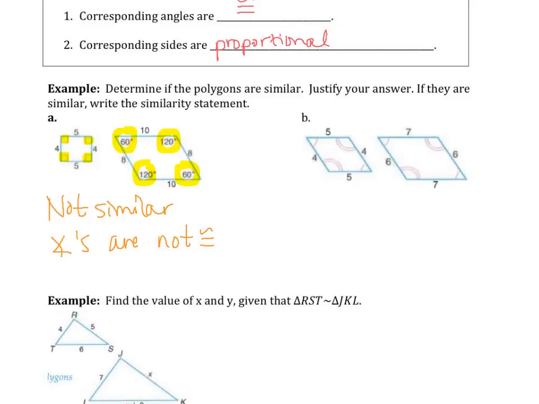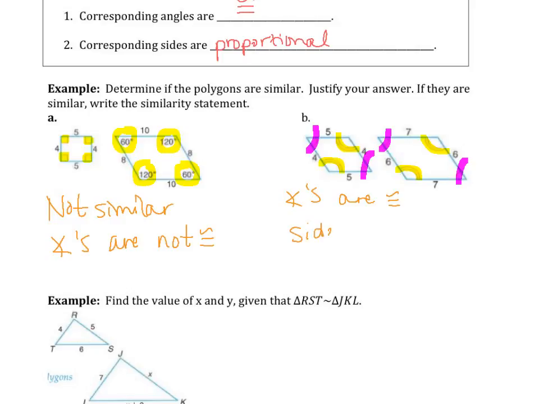Looking at our second example here, first thing I'm going to do is take a look at my angles. I see that I've got my congruent set of angles here. Those are congruent to those over here. And then in my other angles here, these angles are congruent to those angles here. So right away I can start off with saying that my angles are congruent. Now I'm going to look at my sides being proportionate.